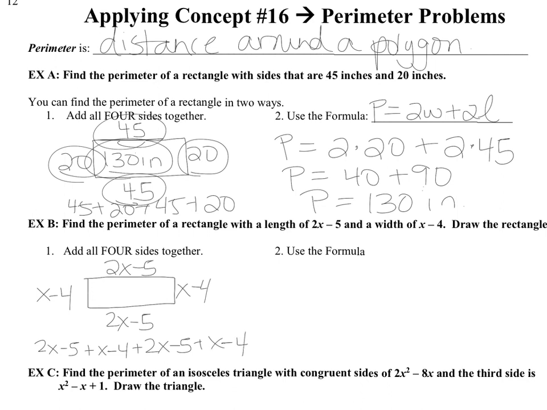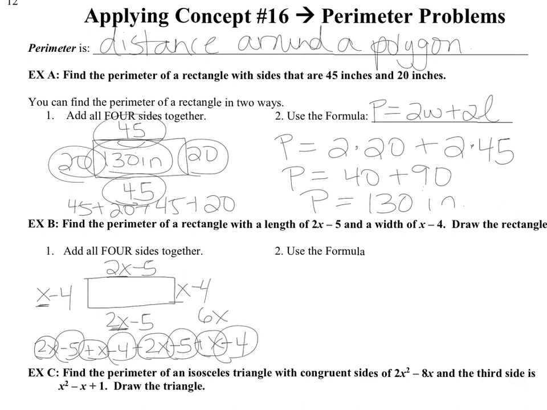And you may just already notice you've got all these like terms, 2x, x, 2x, x. You also could just look at it here. 2x is 4x, 5x, 6x, right? So you'll get 6x, and then combine all your constants, right? You've got -5, -4, -5, -4.